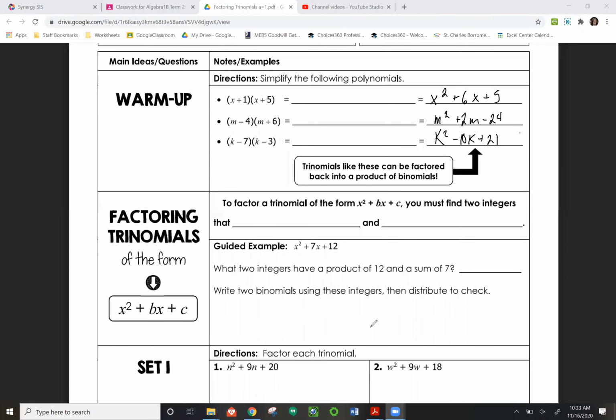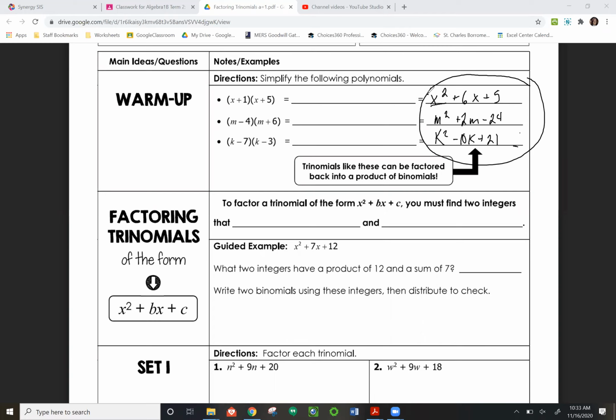Okay, so one thing that we can look at when we had these simplified forms, the one thing that they had in common was that the leading coefficient. The leading coefficient is a name given to the coefficient that's in front of your highest powered variable. So here your highest powered variable is x. You've got an x squared.